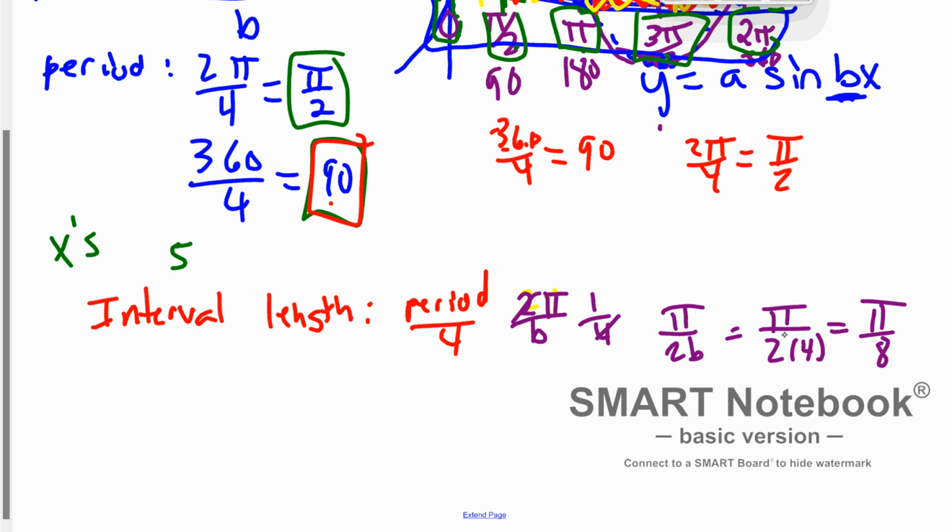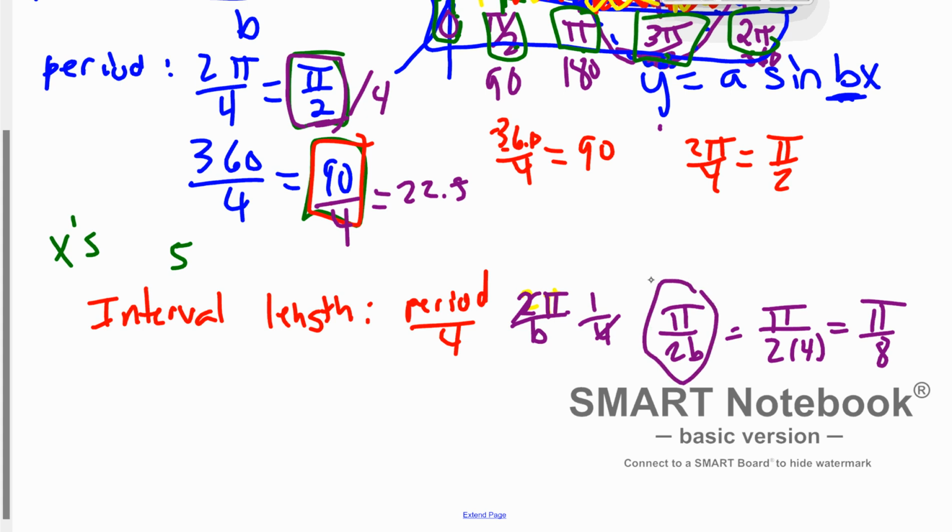Or what you can do is just take your period length, whatever it is, and divide it by 4 or times it by 1/4. Here we would divide this by 4 if we're in degrees, so that would be 22.5. So you could do it that way too. It's your period divided by 4, or 2 pi over b times 1/4, which is pi over 2b.